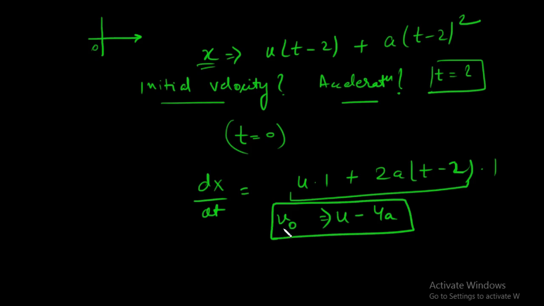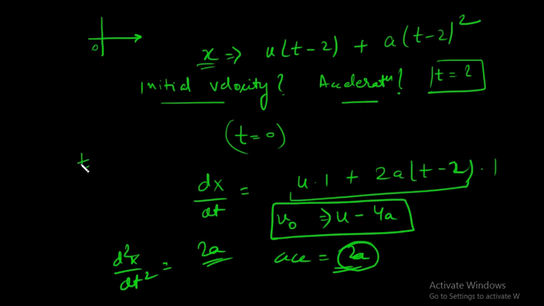Okay, now what is the acceleration? Now we double differentiate this, d square x by dt square, this equation. So by double differentiating, t minus 2 would move out, t would be 1, right? So this would be 2a. So the acceleration is 2a.